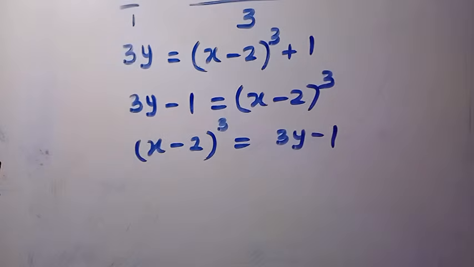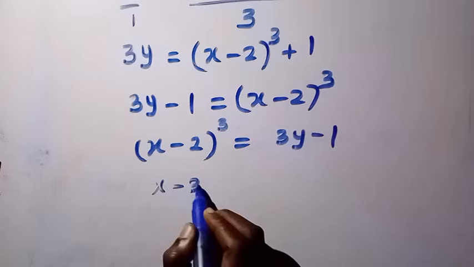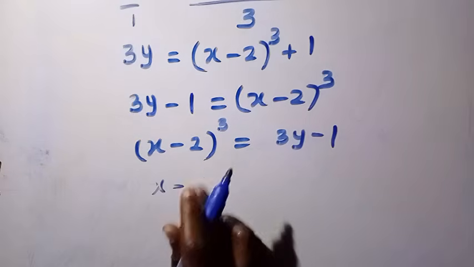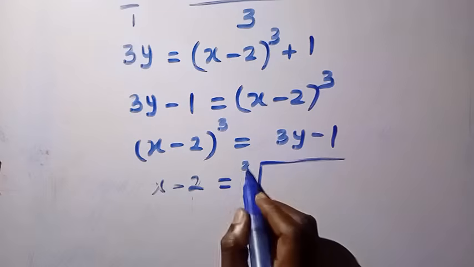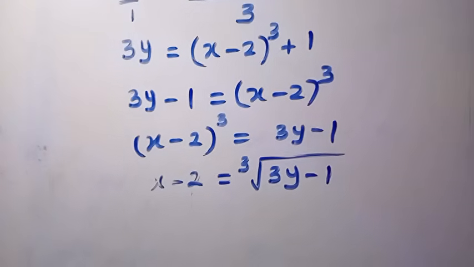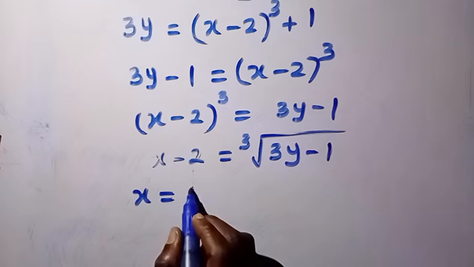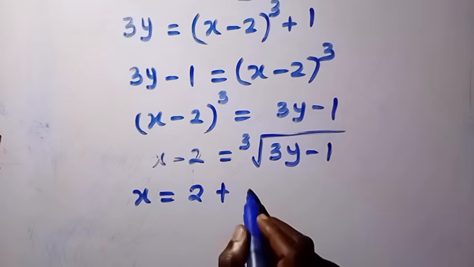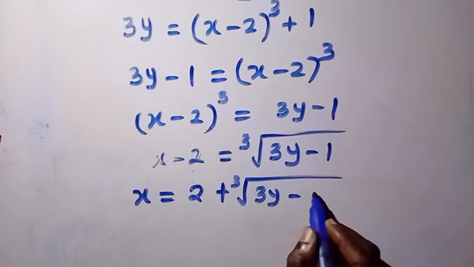The next thing we do is take the cube root of both sides. By taking the cube root of both sides, we have x minus 2 equals the cube root of 3y minus 1. And by taking 2 to the other side, we have 2 plus the cube root of 3y minus 1.